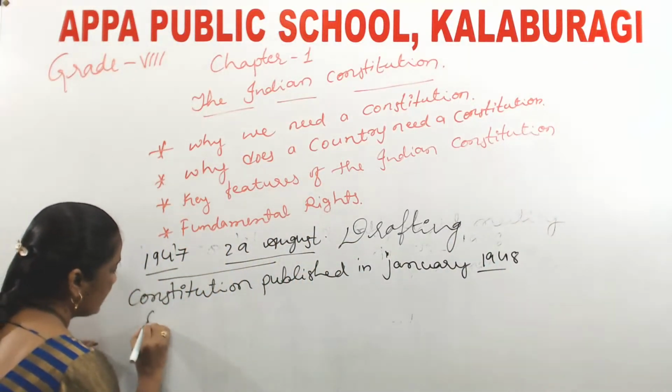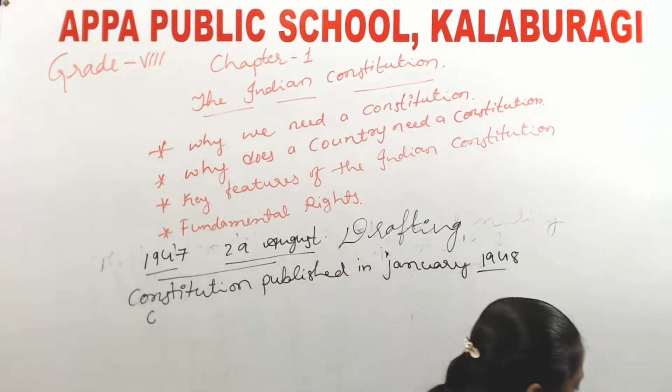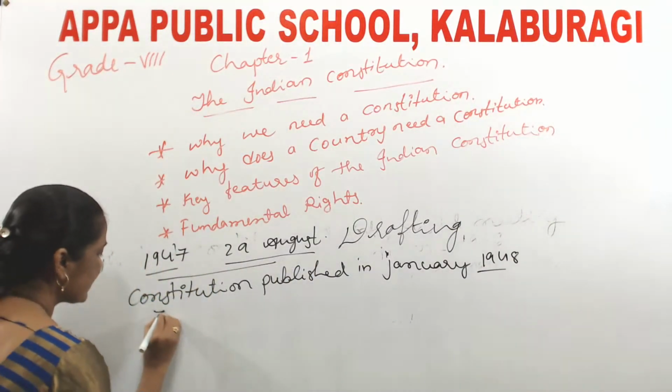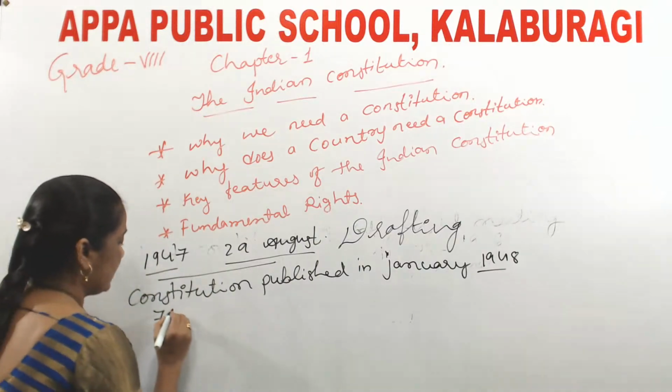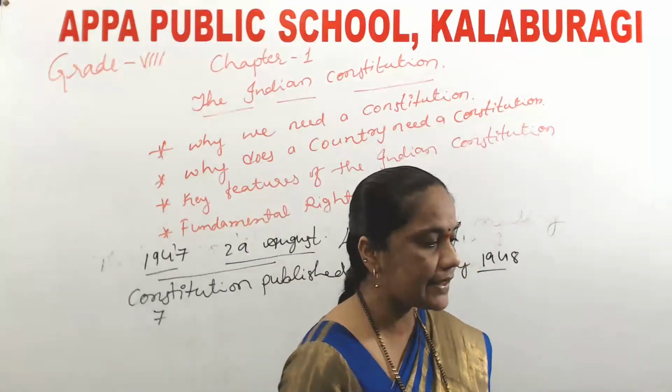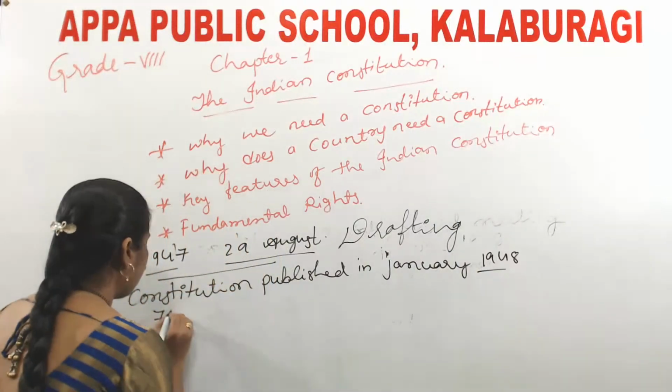At that time, in the Indian Constitution, the Constituent Assembly proposed 7,635 amendments.